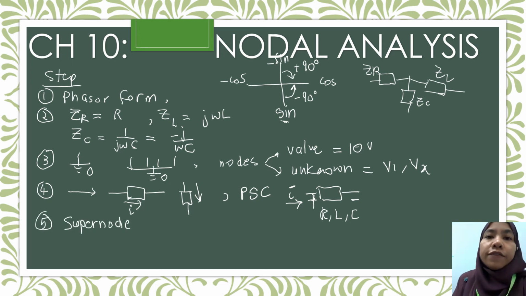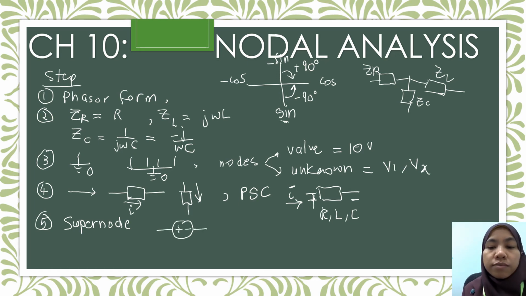Step number 5 is that you need to figure out the supernode. How to figure out the supernode for nodal analysis? This is by looking at the independent sources, usually a voltage source, or dependent sources, also a voltage source, and this voltage source should be in between two unknown nodes, like maybe V1, V2, Vx, or Vy, depending on the nodes you have.